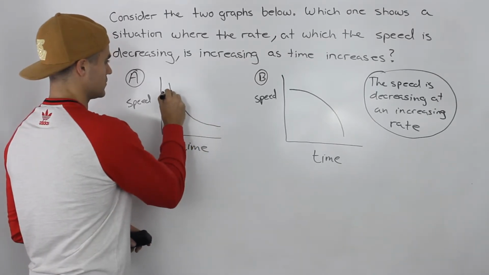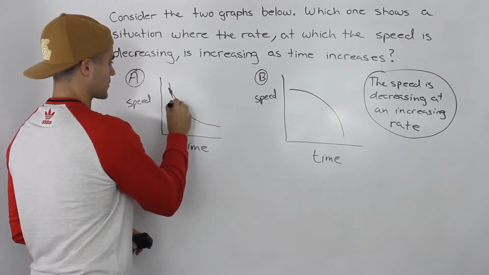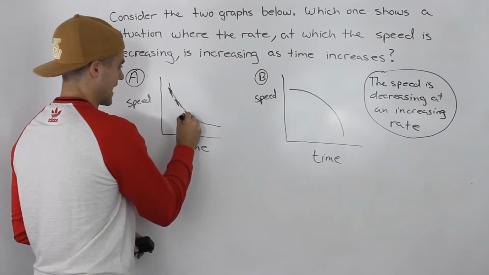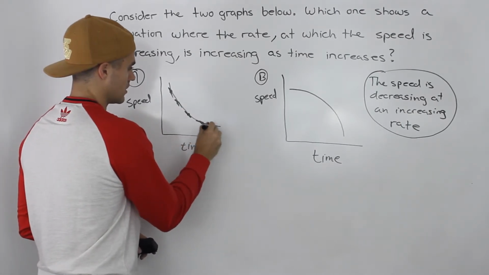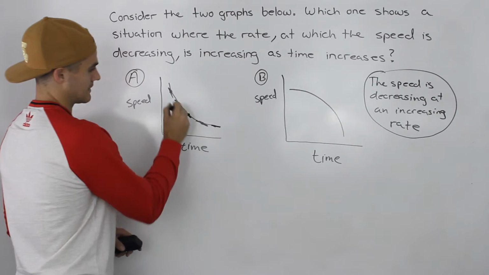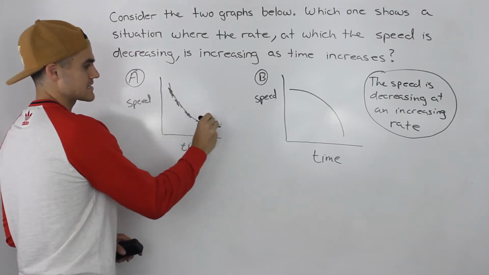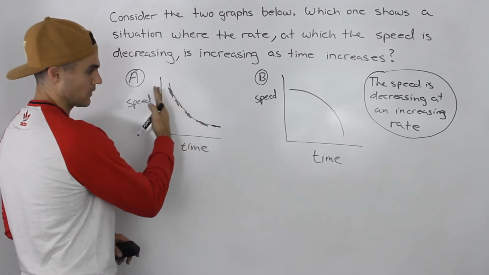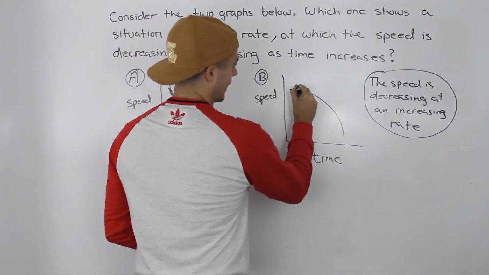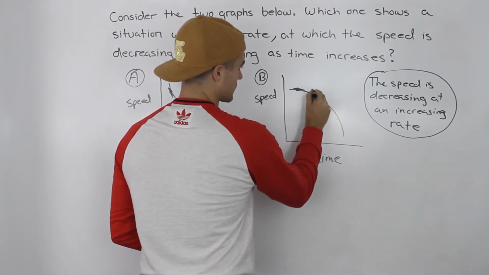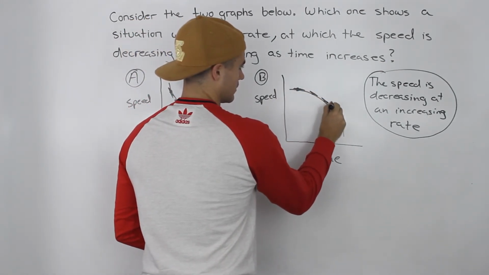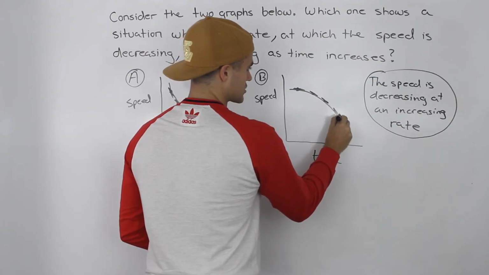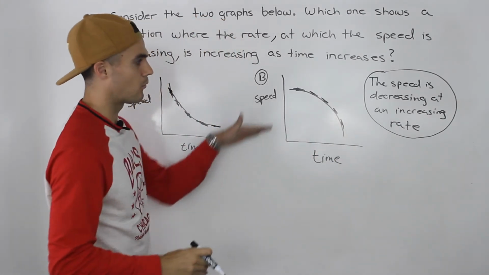So what we can do is draw our tangent slopes and see what's happening to the slopes. Notice that the tangent slopes are getting less steep as time is increasing when we read from left to right. And if we draw tangent slopes for this one, notice how these tangent slopes, or the rate of change, are getting more steep.